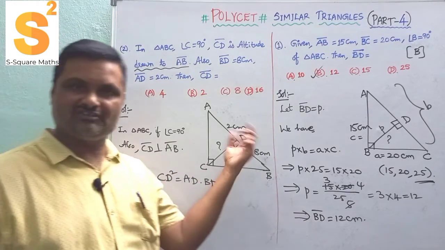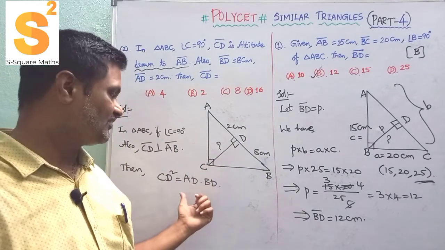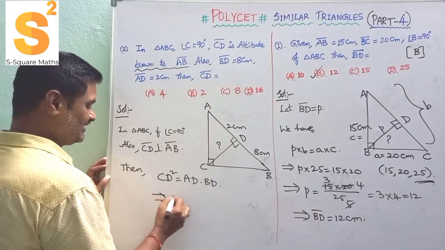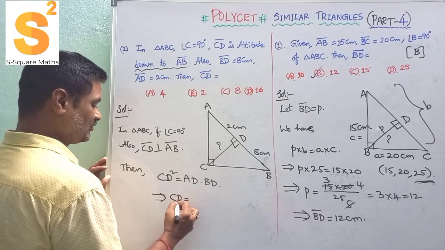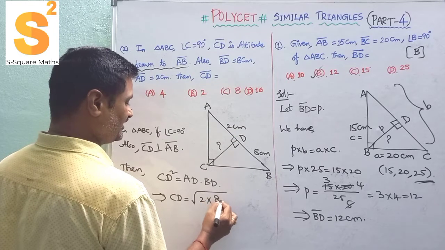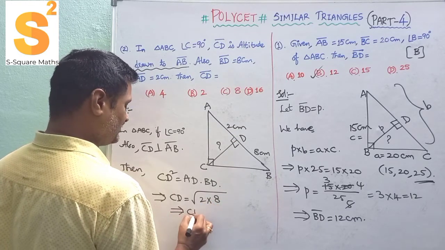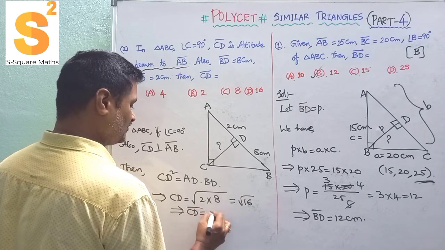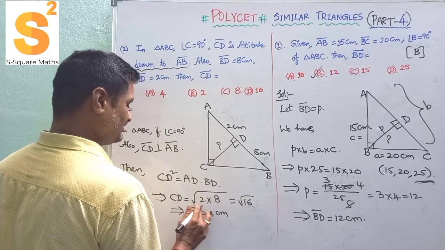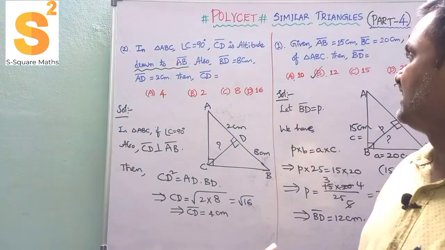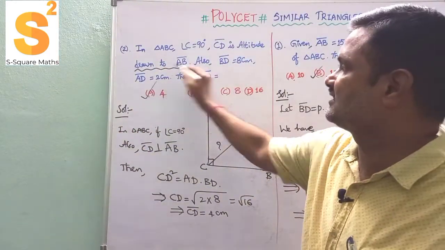There are three properties; under that we are picking up the first one, which is result oriented. So CD is the square root of AD times BD, that is 2 times 8. Finally CD equals square root of 16, so CD is 4 centimeters, which is option A.